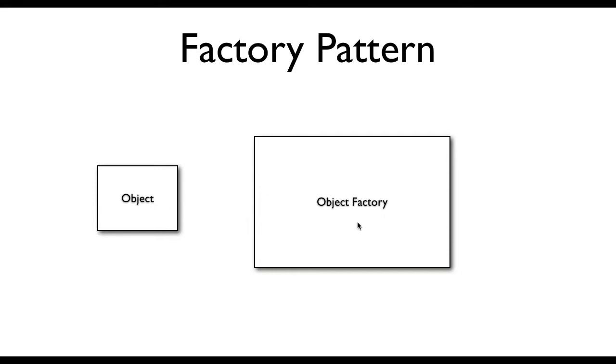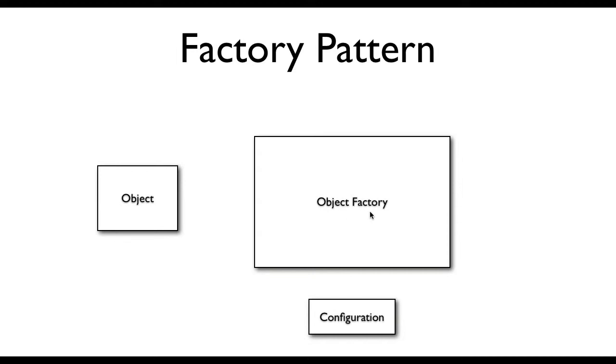It's analogous to an actual factory. The whole purpose of this is to produce objects. So how does the object factory produce objects? It reads from a configuration. It probably has a configuration file somewhere or some metadata which has details about all the objects that it needs to create. It's a blueprint for all the objects that this object factory has to create.